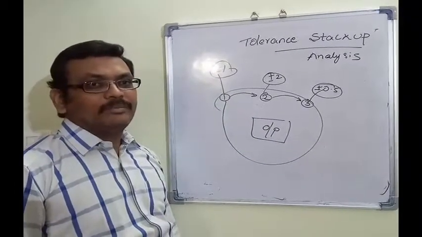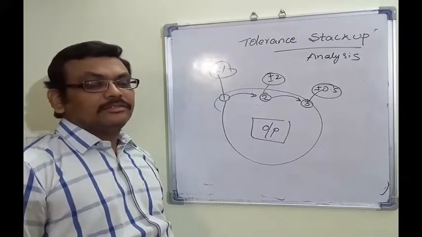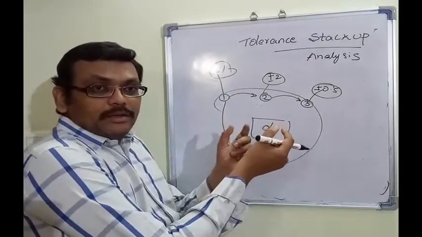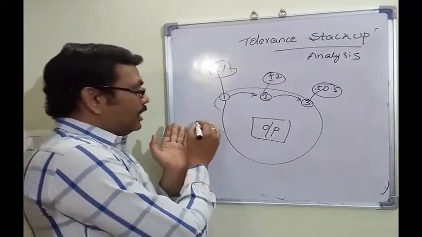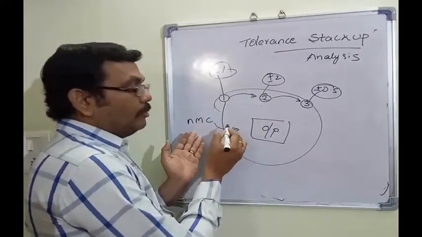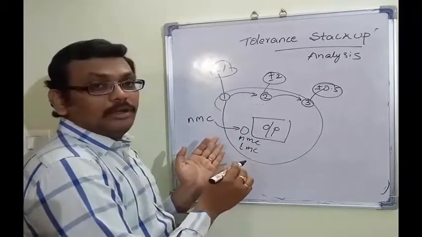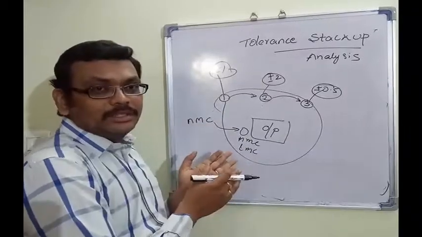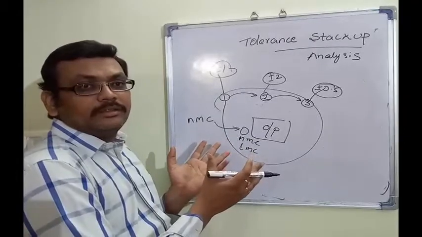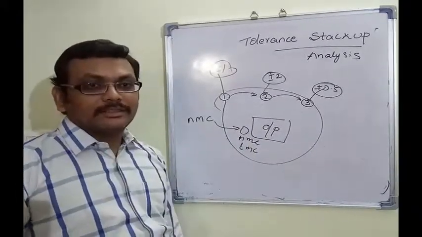It involves a lot of calculations, whether the shaft is going to mate onto the hole. If you take maximum material condition for the shaft, is that going to mate into the hole with MMC of the hole or LMC of the hole, or is it going to violate the rules, or is it going to break the component? So all these things will come under stack up analysis.